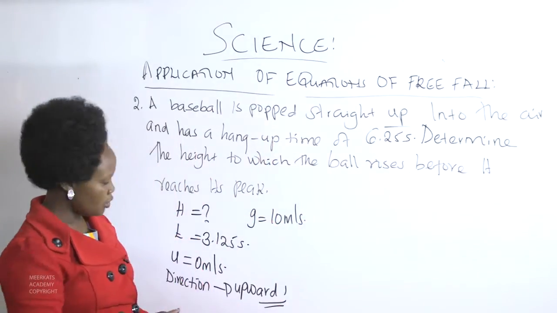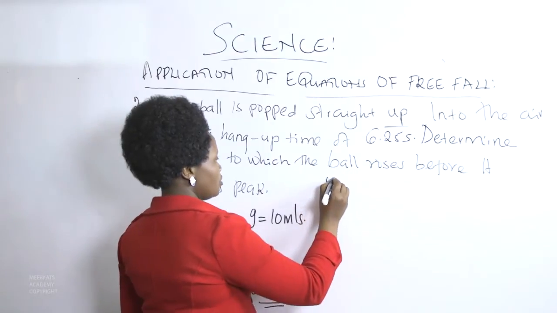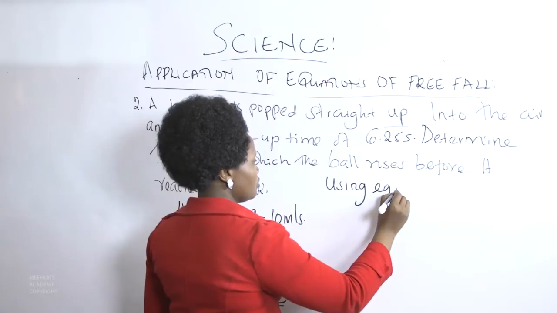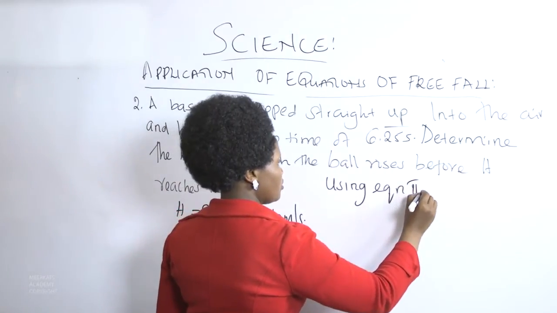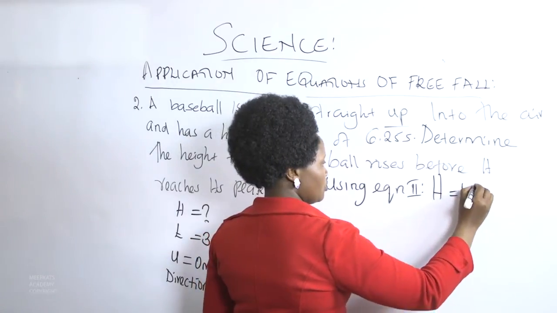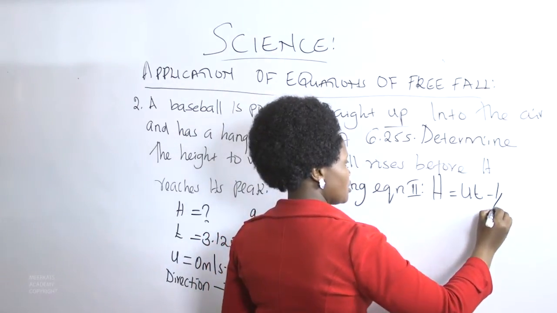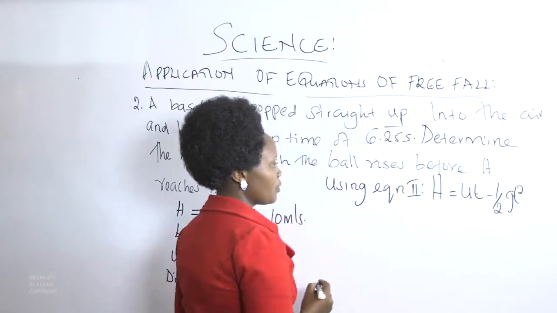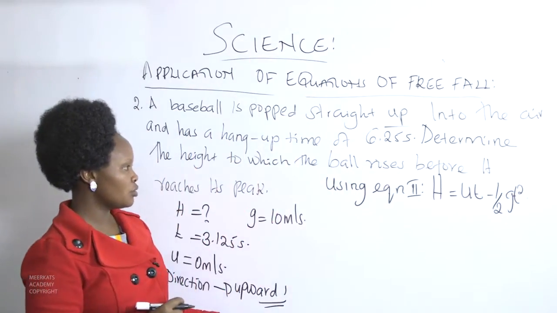Using equation 2, which says h is ut minus a half gt squared, that is what we want to get.